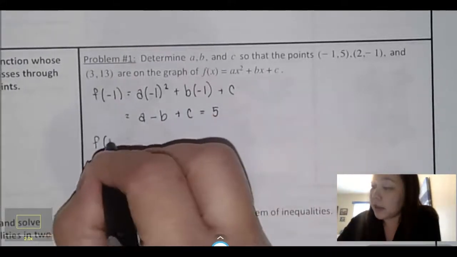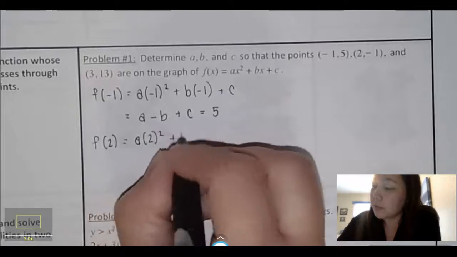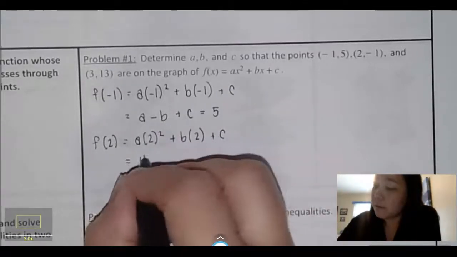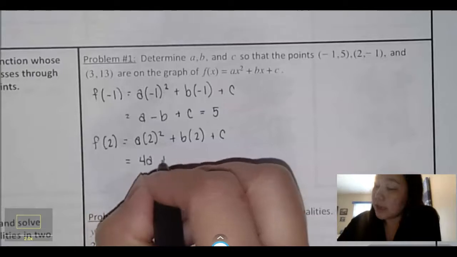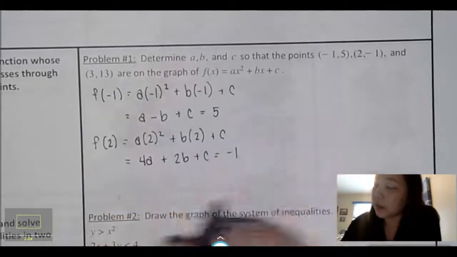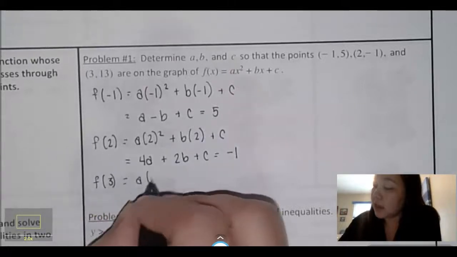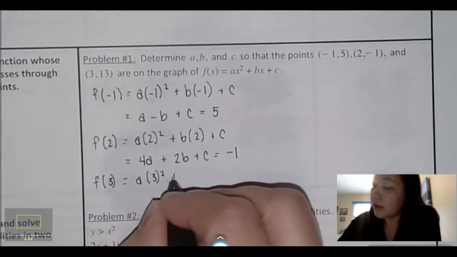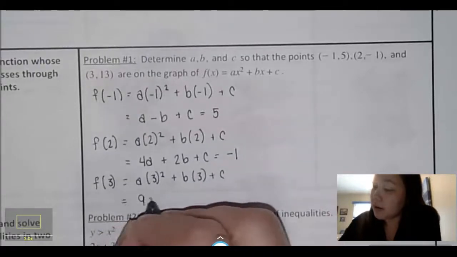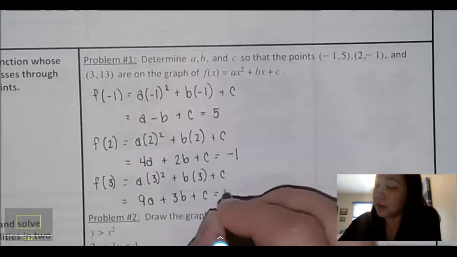If I plug in 2, I'm going to get a times 2 squared plus b times 2 plus c, or 4a plus 2b plus c, and this is going to equal negative 1. If I plug in 3, I'm going to get a times 3 squared plus b times 3 plus c, or 9a plus 3b plus c, and this is going to equal 13.